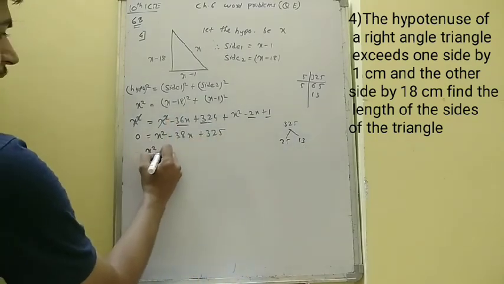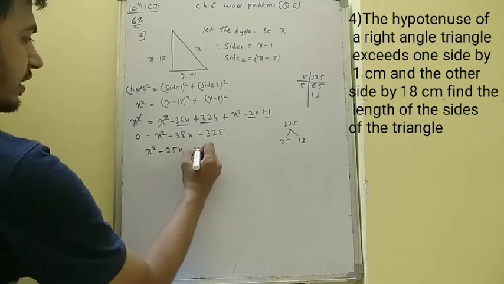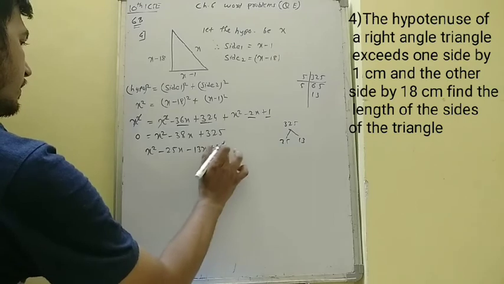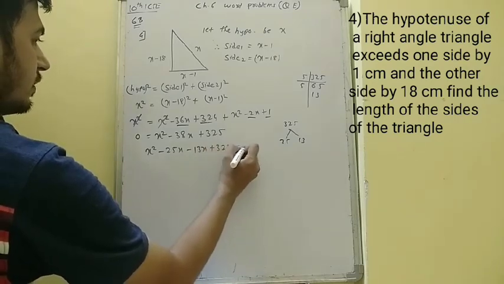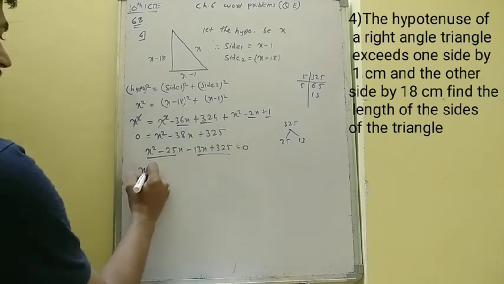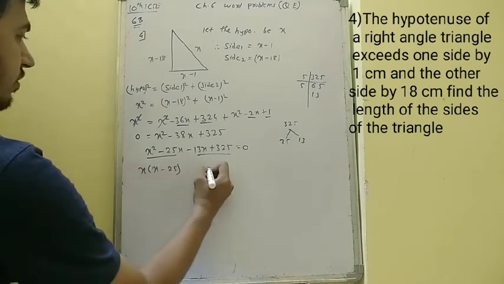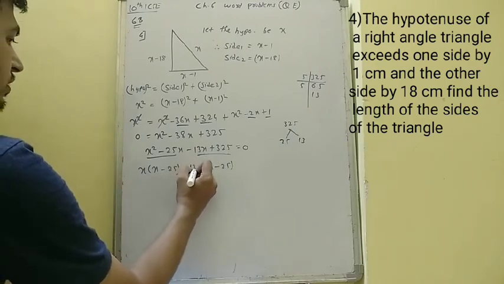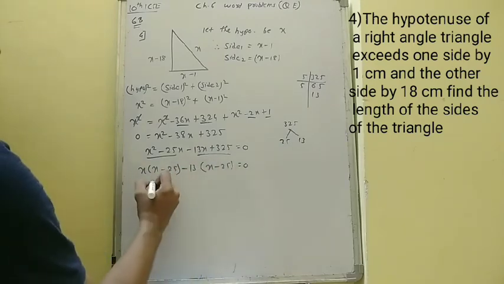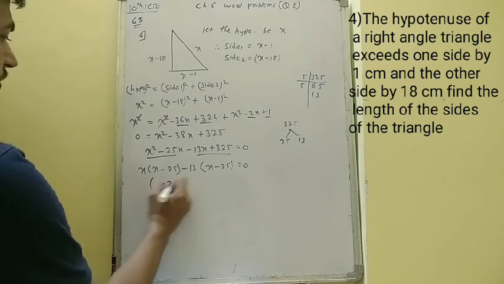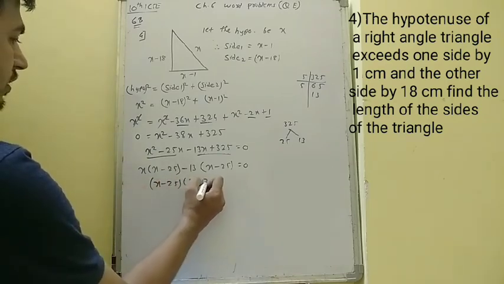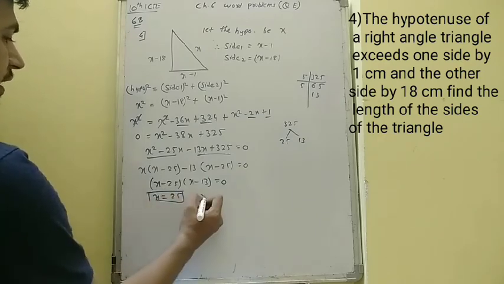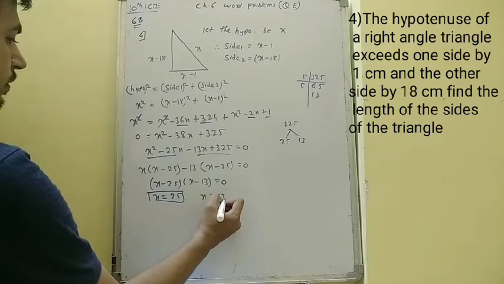So x square minus 25x minus 13x plus 325 is equal to 0. So taking x common, x minus 25, here also x minus 25, signs are changed, so minus sign over here. So x minus 25, x minus 13 is equal to 0, x is equal to 25 and x is equal to 13.